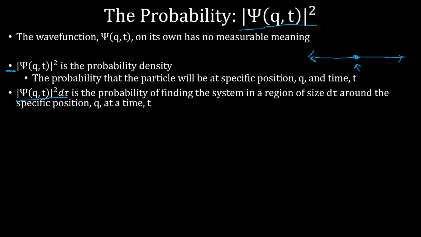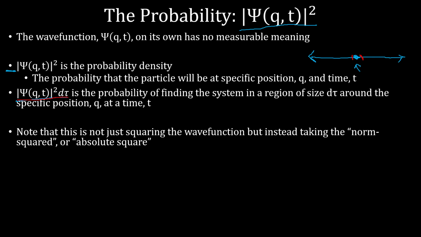But if we want the probability of it being in a small line segment contained within these red parentheses, then we'd want the probability with the d tau, because again, that's the probability of finding it within a small region.